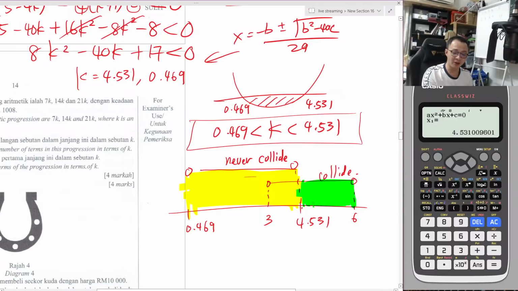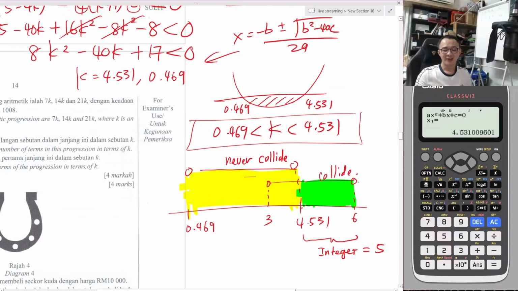So because they only collide here, and because this is an empty dot, I cannot include the 6. So therefore the integer in between here will be 5, because 4.5 is not an integer. 6 is an integer, but because it doesn't equal 6, it must be less than 6.